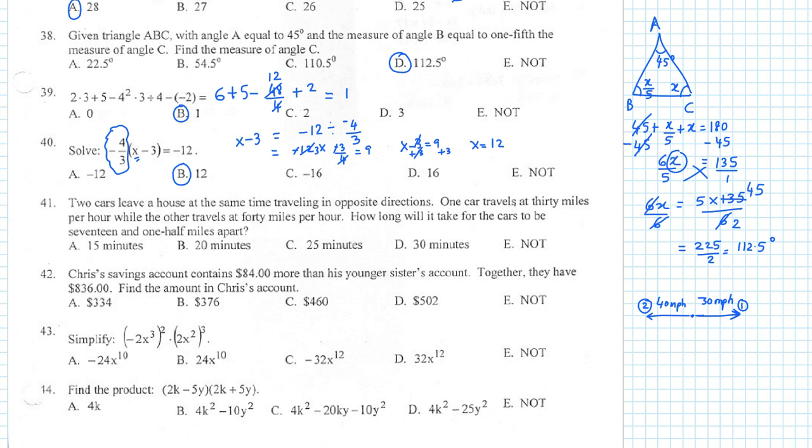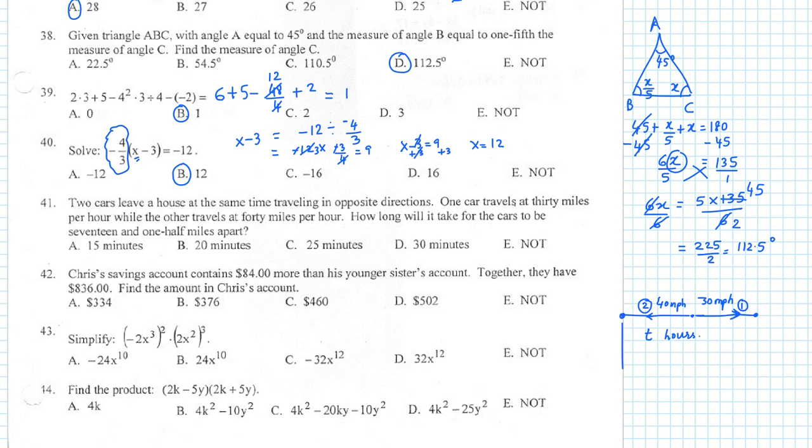So the question is, how long will it take for the cars to be 17 and 1/2 miles apart? So let's say that the time that it would take for the cars to be 17.5 miles apart is t hours, right? So after t hours, let's say the first car is at this point and the second car is at this point.